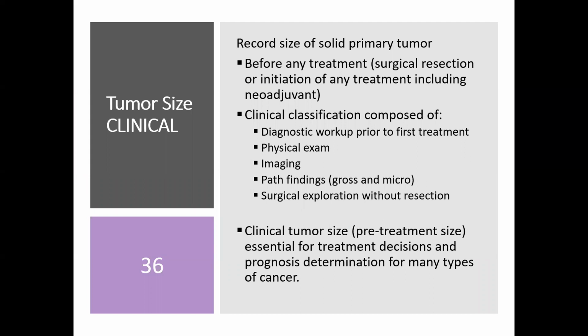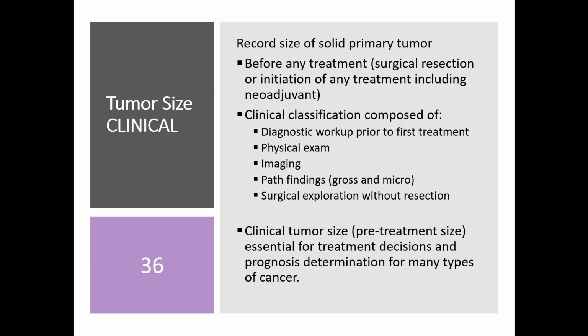So tumor size clinical is the size before any treatment. So that means before surgical resection, before any neoadjuvant therapy. It is the clinical classification. You could use the diagnostic workup, the physical exam, imaging, path findings, surgical exploration without a resection. So this is a clinical window.